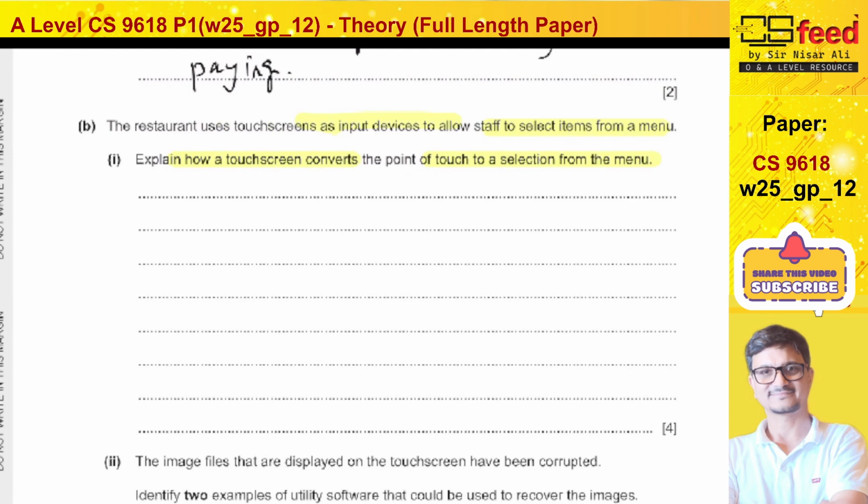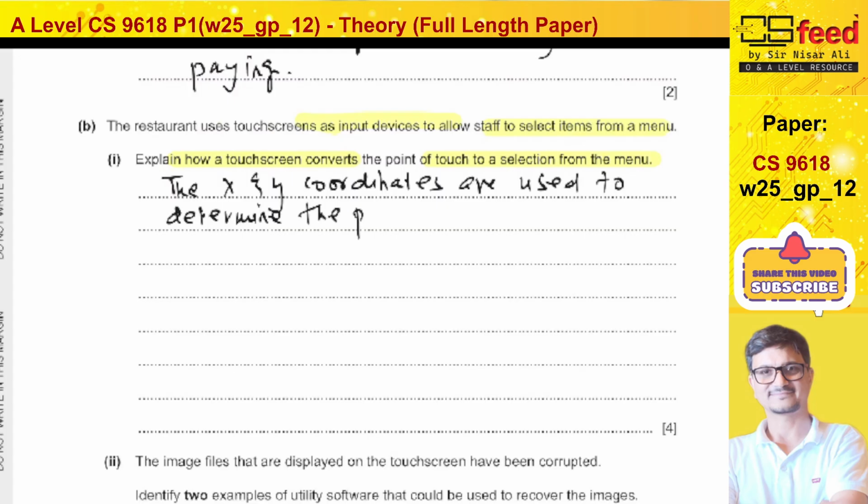So the X and Y coordinates are used to determine the point of touch. Number one. This is one thing.